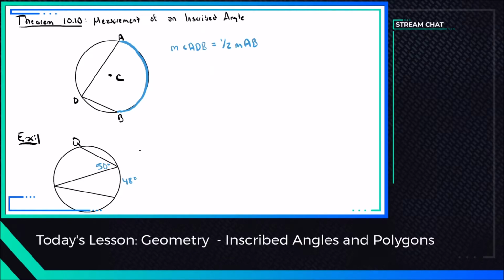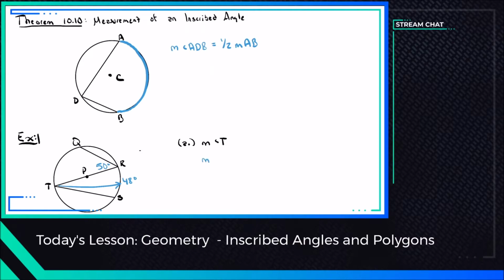So we're going to do Q, R, P, T, and S. And first, let's try to find the measurement of angle T. To do that, we have to associate the inscribed arc with angle T and then plug into our formula.